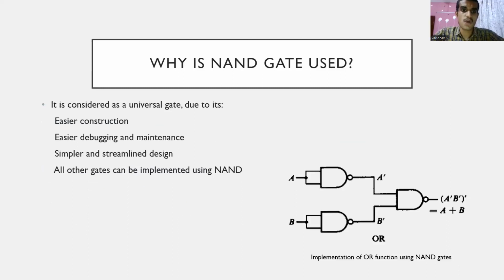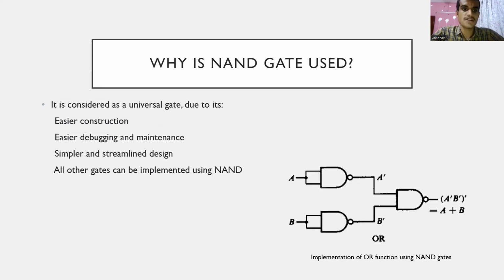So let us come to why the NAND gate is particularly used for all these purposes. Because it's considered a universal gate due to a lot of advantages such as easier construction, simpler and streamlined design, easier debugging and maintenance, etc. They can also be easily constructed using other electronic components.